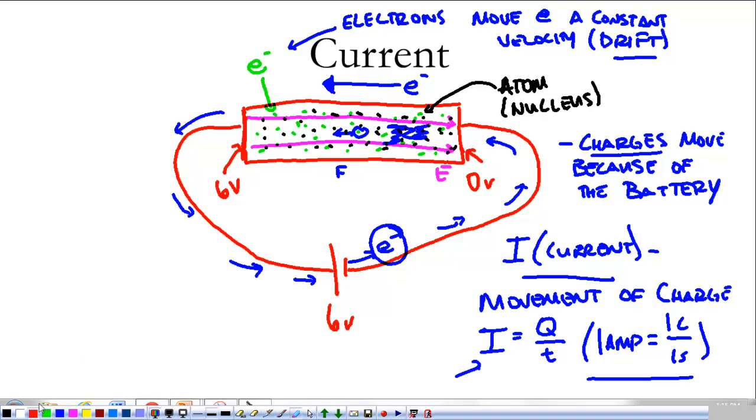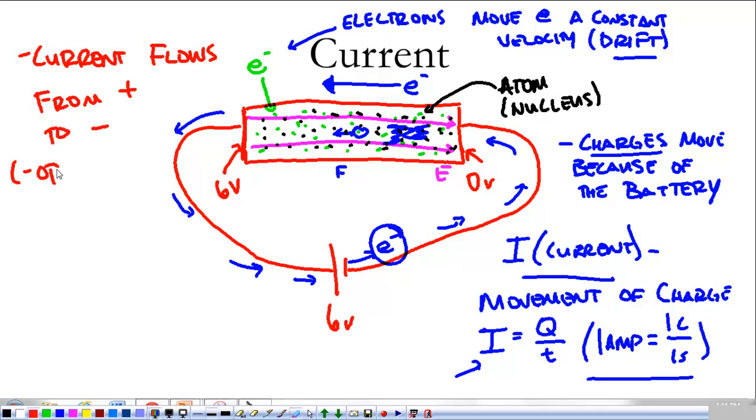But if you remember what we said earlier, it's that current flows from positive to negative. This is opposite of what really happens.